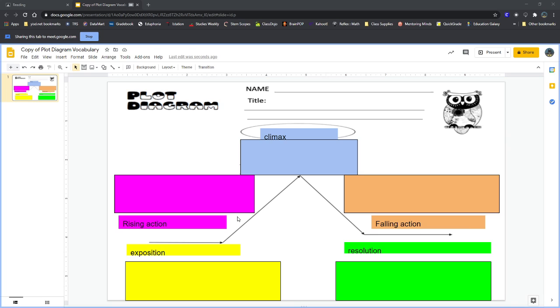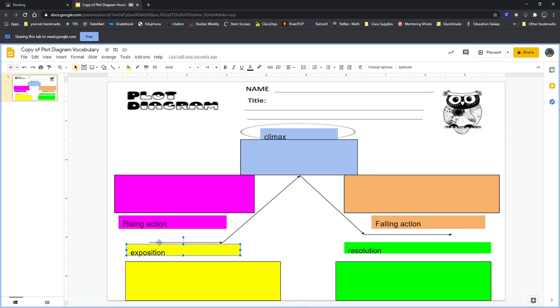Now, if you notice, each part of our plot has small boxes and big boxes. The small boxes are just for the names. The big boxes are so we can write down what those parts mean or what happens in those parts.